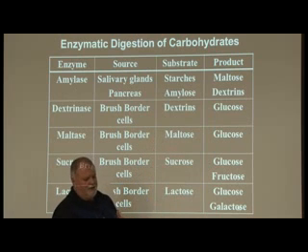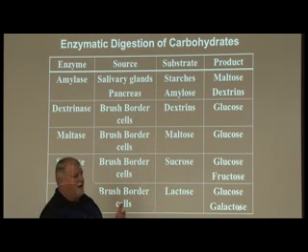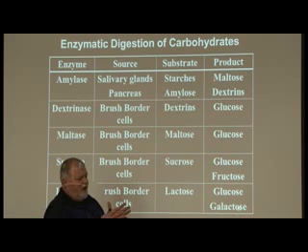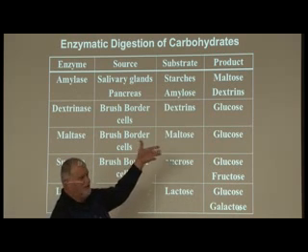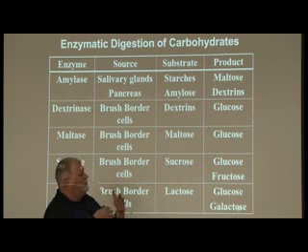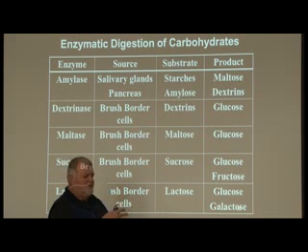So we're not going to get complete digestion with amylase. If the transit time in our digestive system is fairly quick, we're also going to get fragments of starch that we call dextrins. So coming out of the stomach, we're going to have maltose and dextrins as a mix, as well as starch that's not been digested.